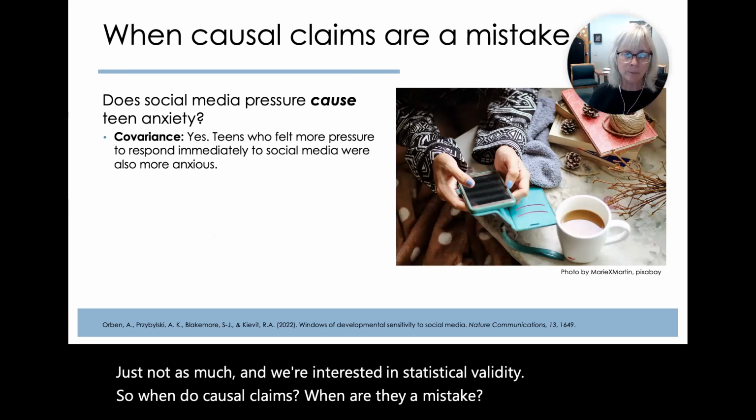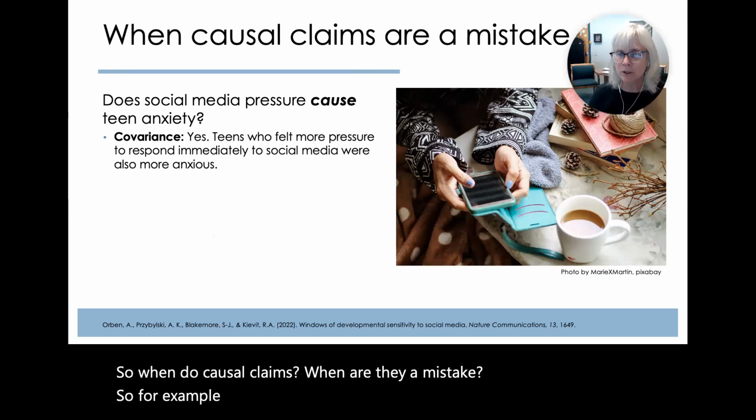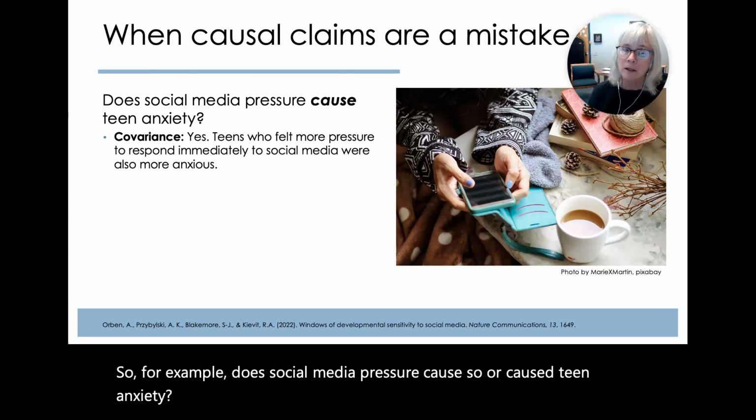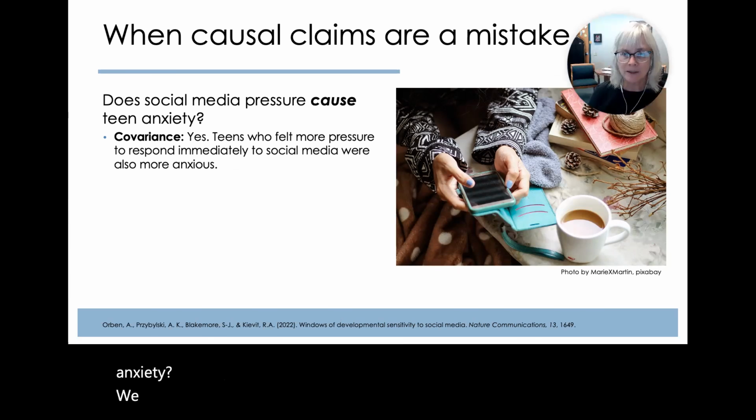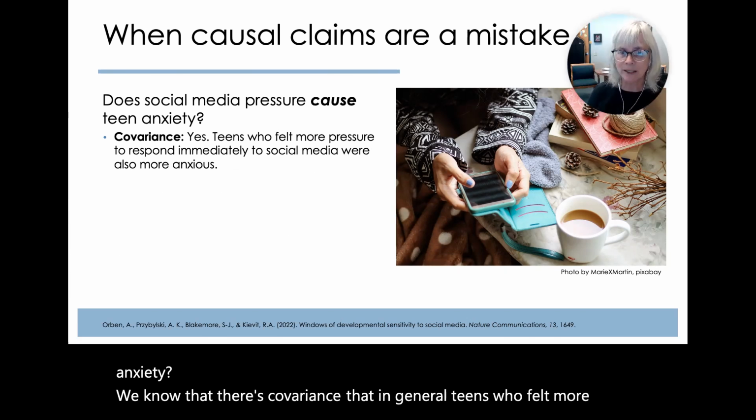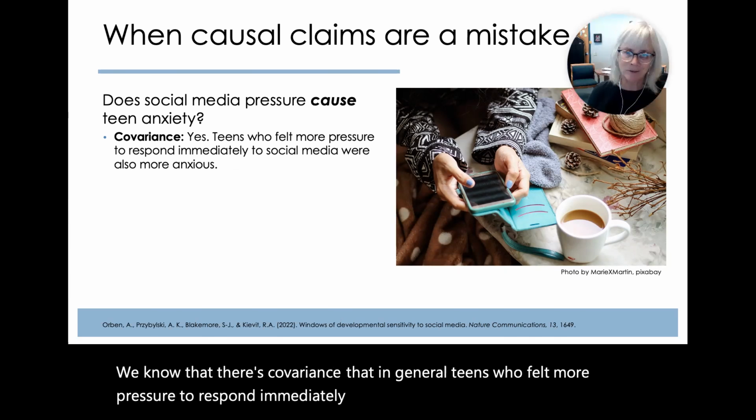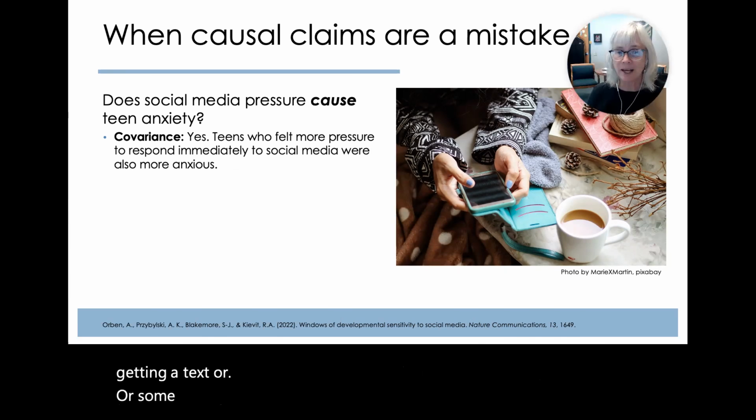For example, does social media pressure cause teen anxiety? We know that there's covariance, that in general, teens who felt more pressure to respond immediately to social media, when they're getting a text or some other kind of notification, were also more anxious. So we have covariance.